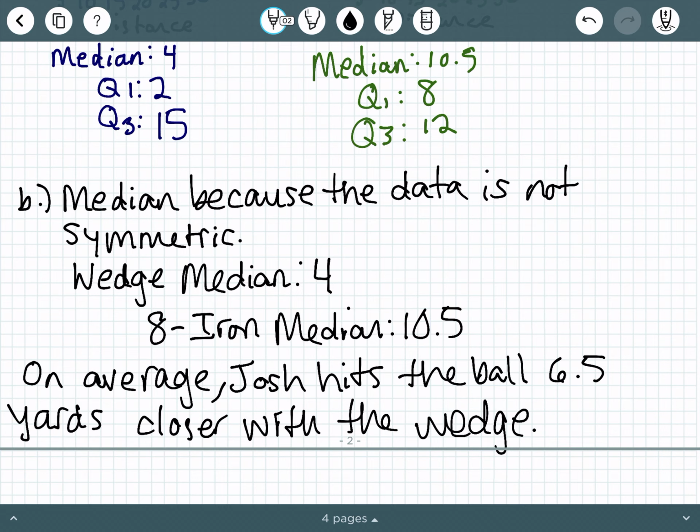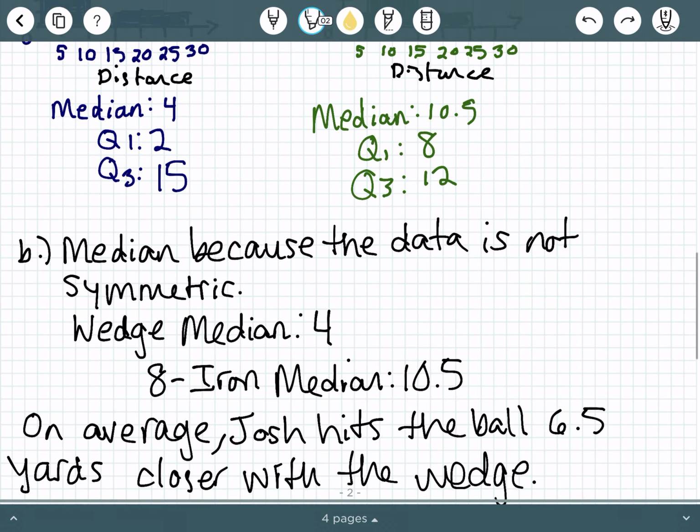And again, we're taking the difference between our two medians. So we're getting that number by taking our median of the 8 iron, median of the wedge, and finding the difference, which is that 6.5. So that's where we are getting that number from.